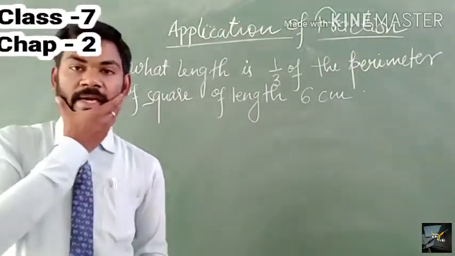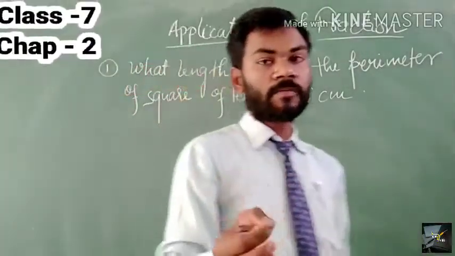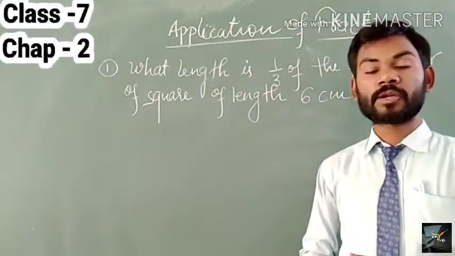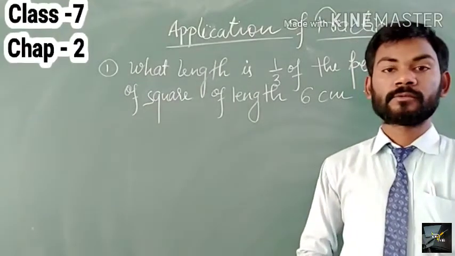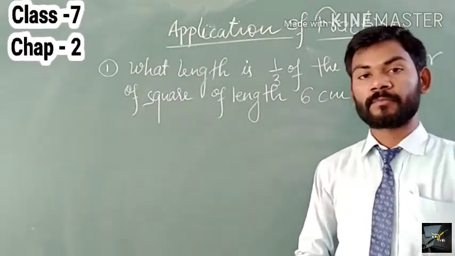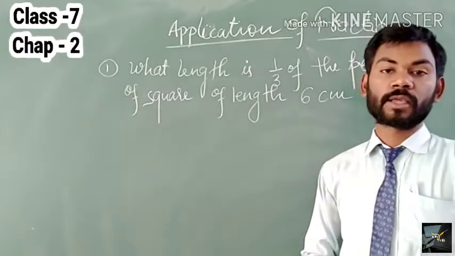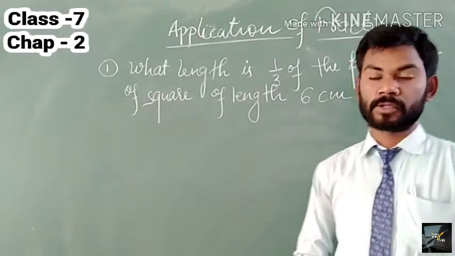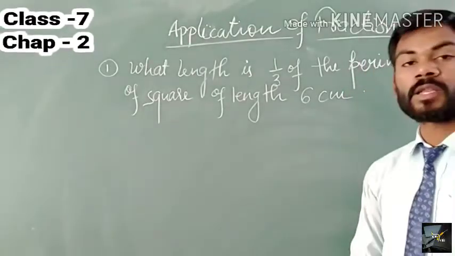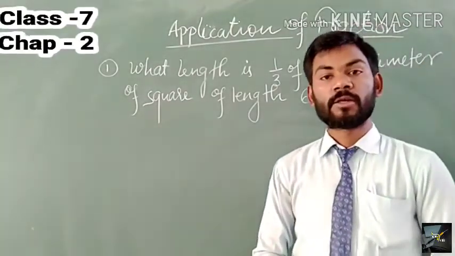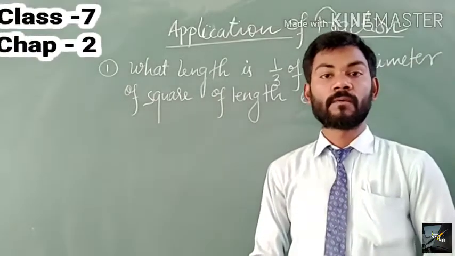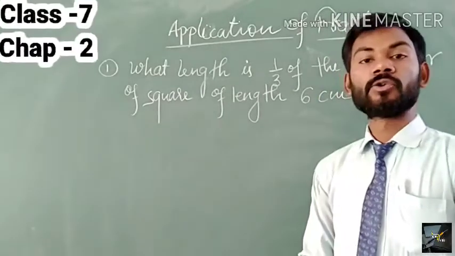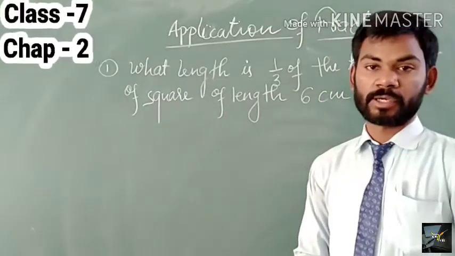So in order to find the length, first of all we shall find the perimeter of a square, then we multiply the perimeter of the square by 1 by 3 to get the 1/3 length of the perimeter. The simple meaning of this question is that we have to find out the 1/3 length of the perimeter of the square whose side length is 6 centimeter.